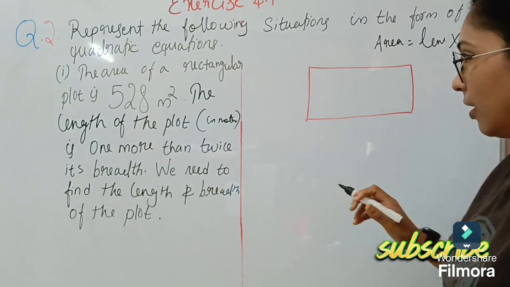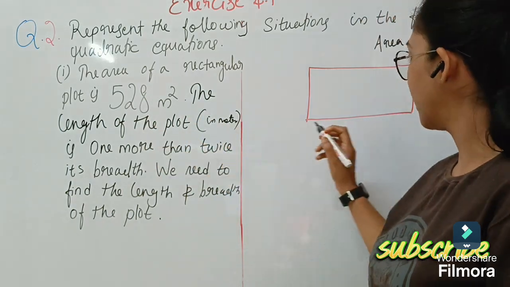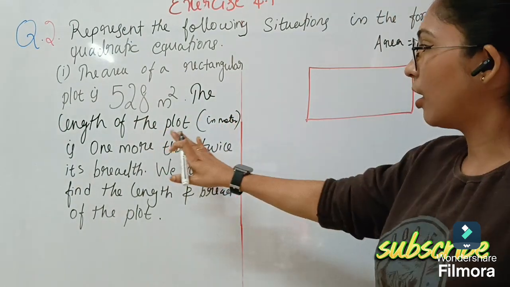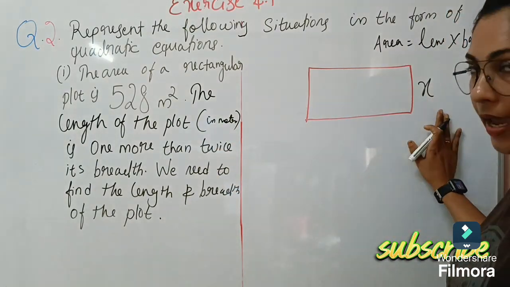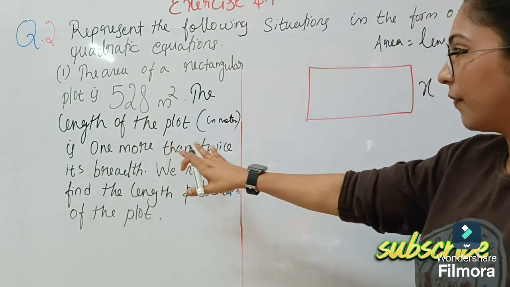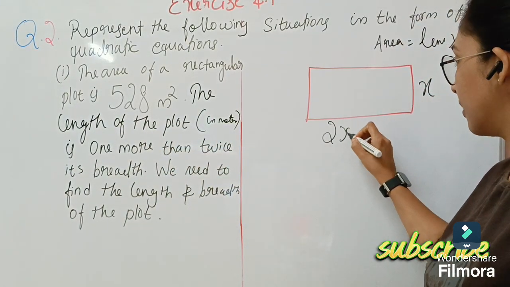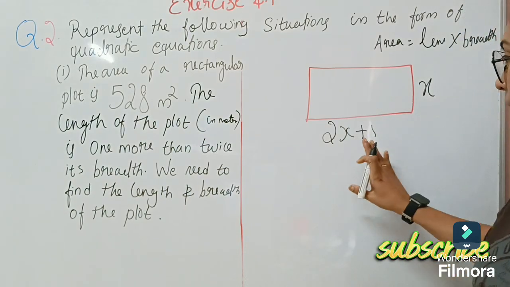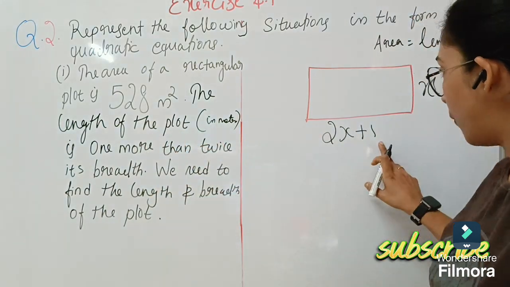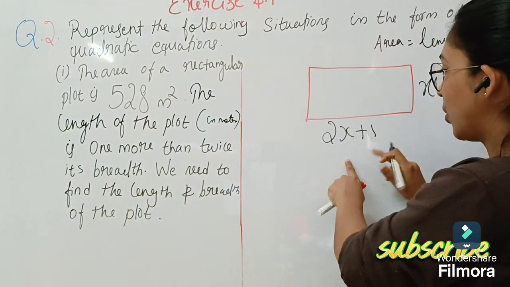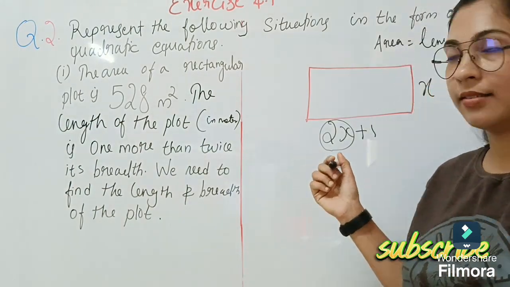Here is one more hint: the length of the plot is 1 more than twice its breadth. Suppose the breadth is x, then the length is 2x plus 1. Did you understand how I write this?